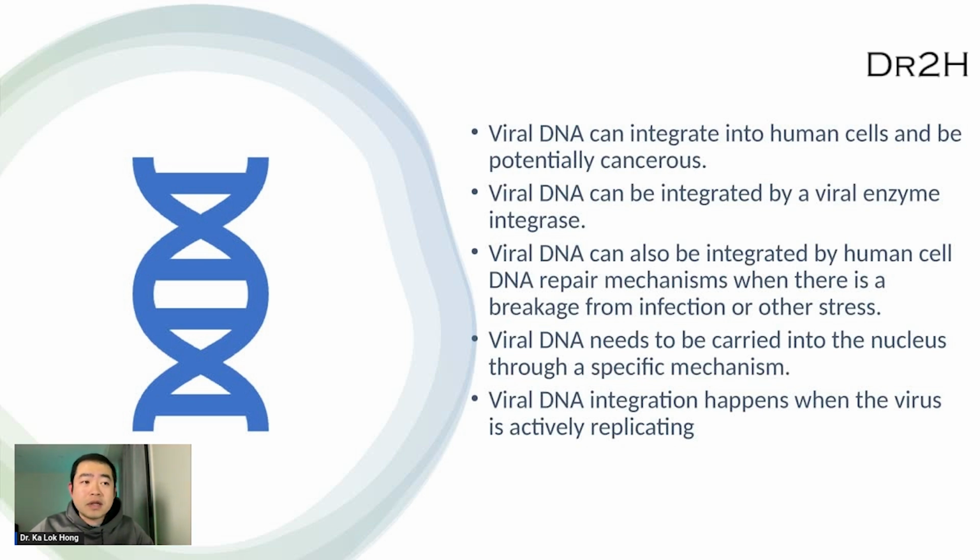Number four, viral DNA needs to be carried into the nucleus through specific mechanisms, depending on what the virus is. And last but not least, viral DNA integration happens when the virus is actively replicating, and that is the key, meaning there is a lot of viral DNA present.